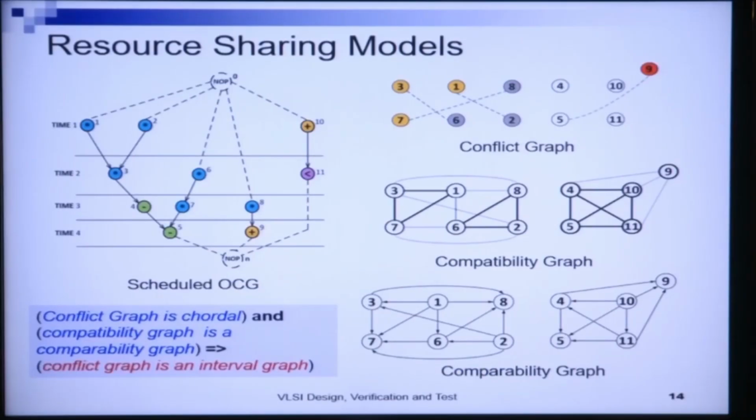For example, let us take this compatibility graph that I have here. In this compatibility graph, let us take one cycle 1, 3, 7, 6. In this cycle, there is a chord 1, 7. This is a cycle of length 4, and we have said that for every cycle of length more than 3, I will have a chord joining non-consecutive vertices.